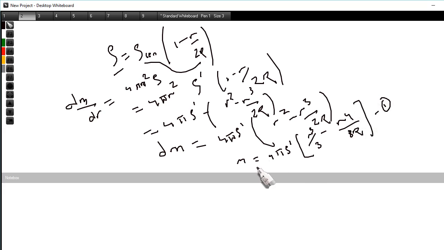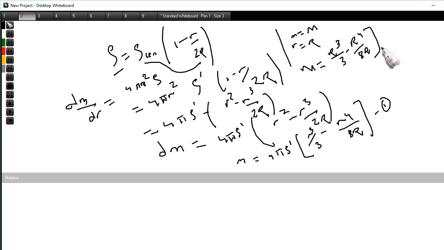Okay, so if I normalize this equation, normalizing means this small m is equal to capital M and this small r is equal to capital R. So this will be equivalent to r cube by 3 minus r 4 by 8R and then 4 pi rho dash, the r for r cancels. So I can take r cube outside: 1 by 3 minus 1 by 8, times 4 pi rho dash. This is 24, 8 3s are 24, 3 8s are 24, so 8 minus 3.